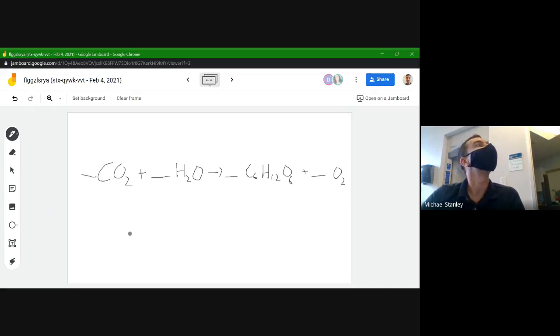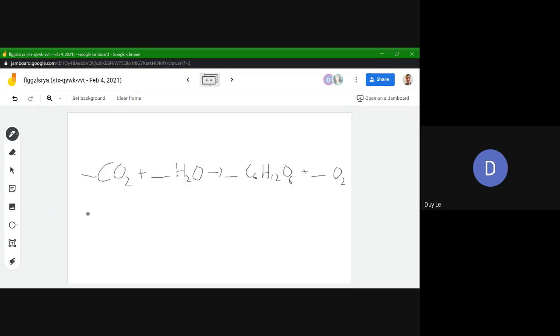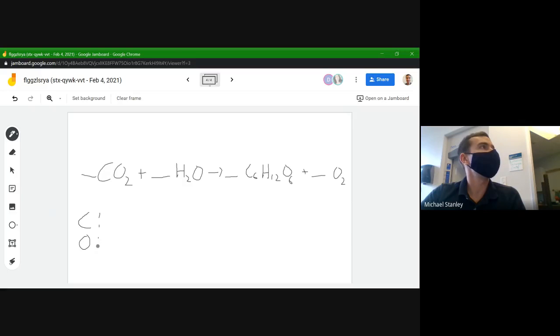So, as always, even though it's a bigger, more complex equation, we're going to do the exact same steps. So first off, what are the different atoms that we're dealing with here? C, H, we got some O's.